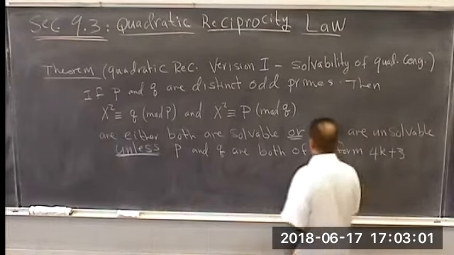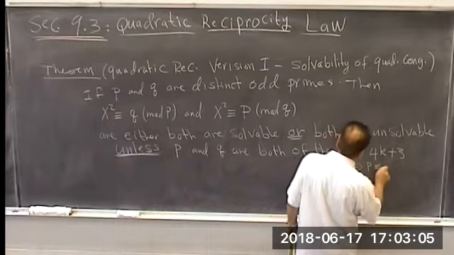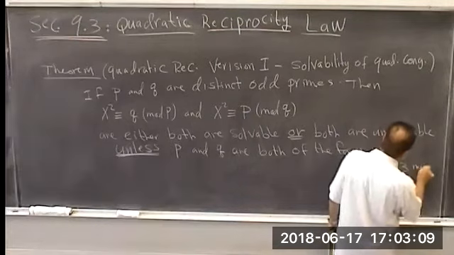Or equivalently, you could say this, equivalently, P is congruent to Q, congruent to 3 mod 4.